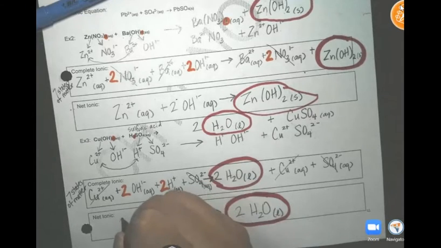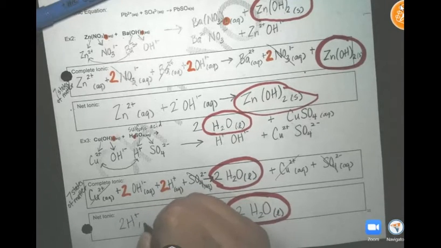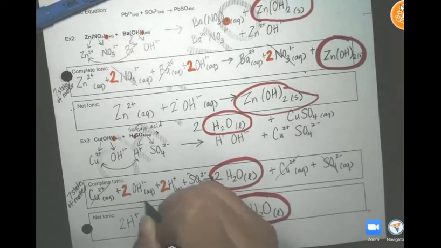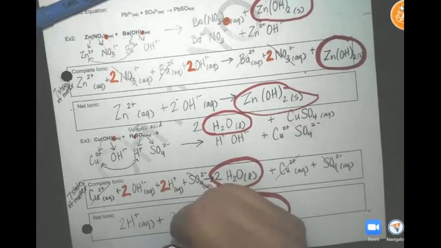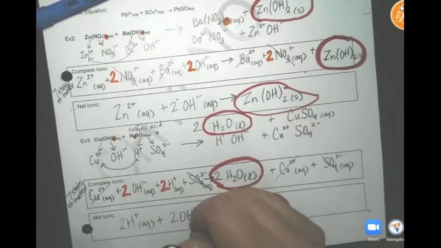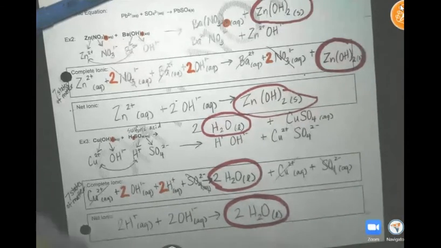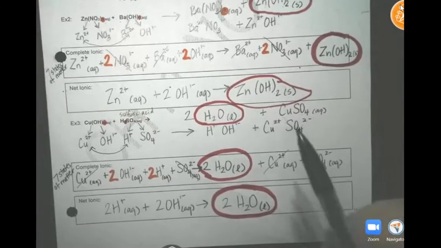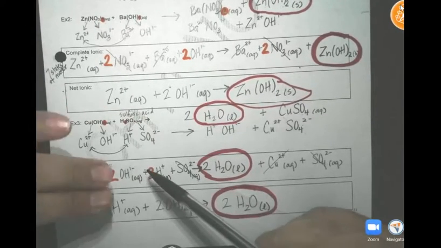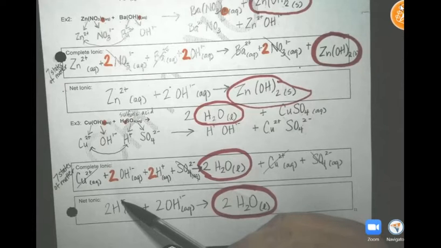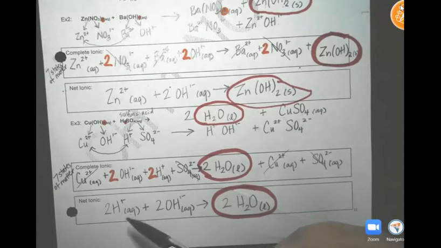So I'm going to put the 2H plus aqueous plus the 2OH 1 minus aqueous. If you put the negative ion first, I'm not going to mark you off, but it's something that you want to get into a habit of. We try to put the positive ion first, just like how we do with ionic compounds.